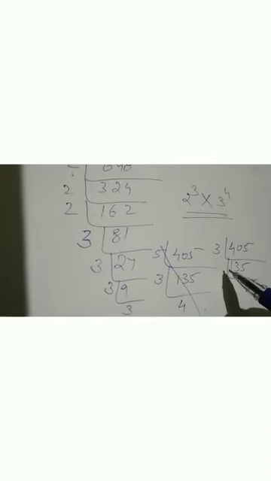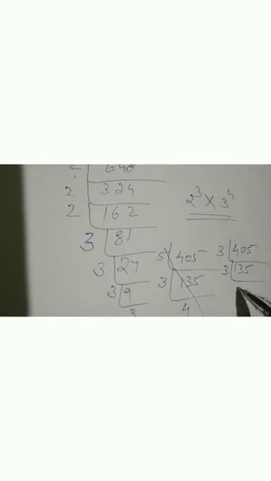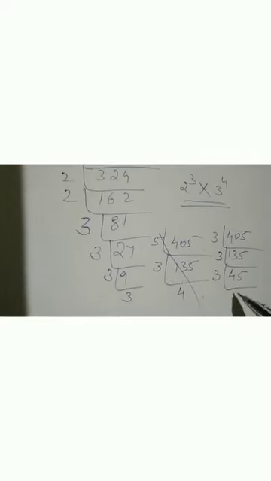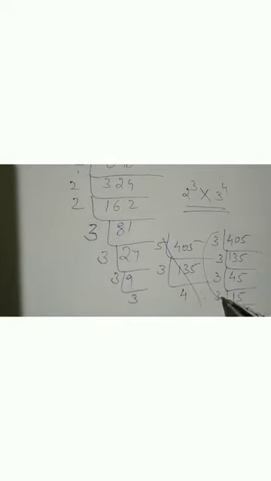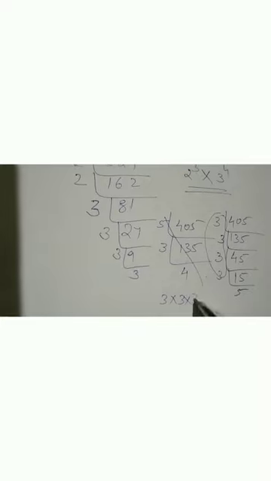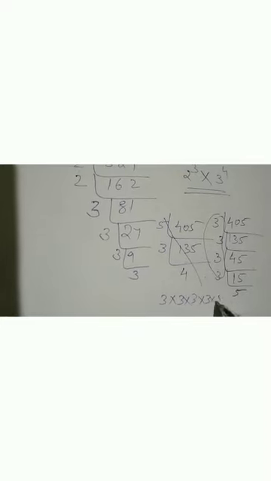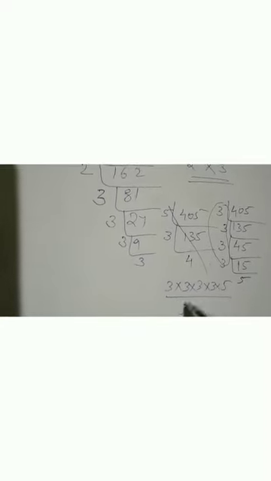Then again we can divide by 3, that is 45. Again by 3, that is 15. Again by 3, then 5. I think we have to use the smallest prime numbers first. So 3 times 3 times 3 times 3 times 5, that is 3 raised to 4, then 5.